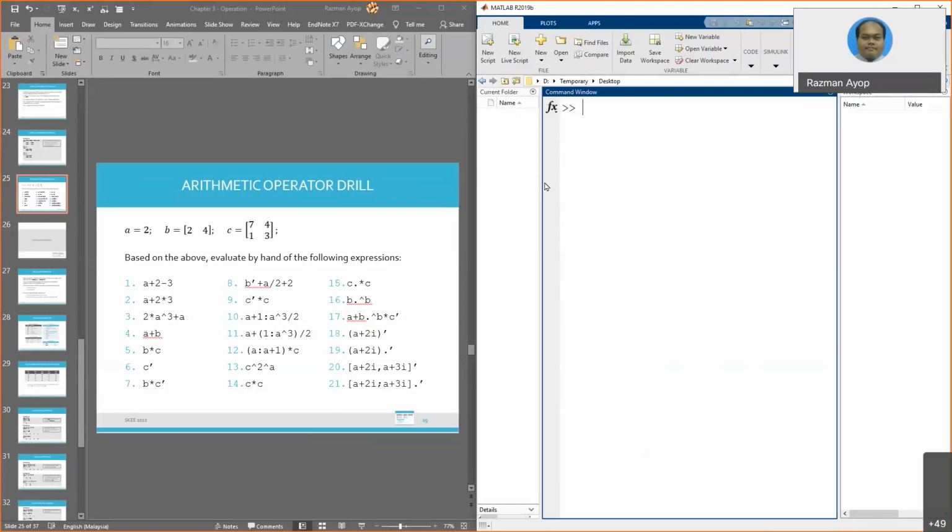Okay, we continue with the arithmetic operational drill. So we have A equals to, just choose a number, and B is, choose any number with the same matrix size.